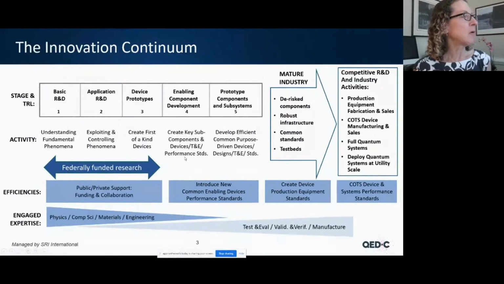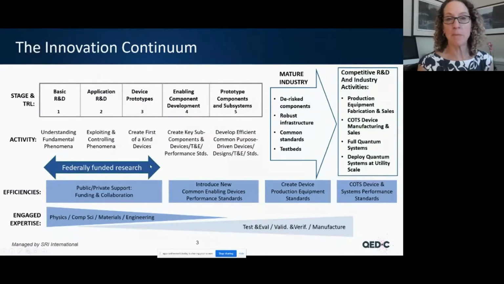So the investment by the government investors tends to be at the early stages. And so what I have listed here as federally funded research lies on the left-hand side. At some point, that work needs to transition to more applied R&D and development activities.